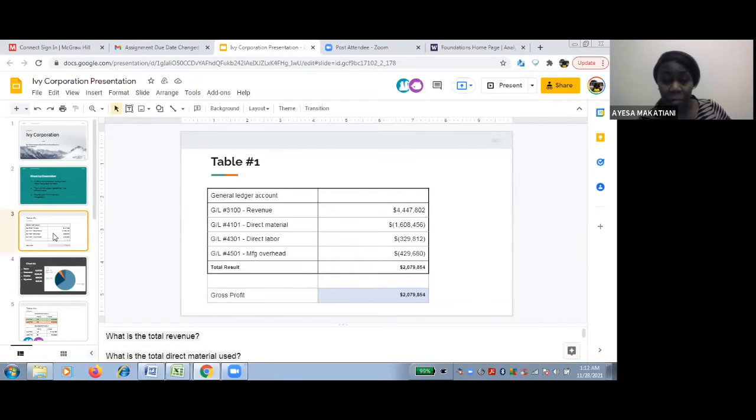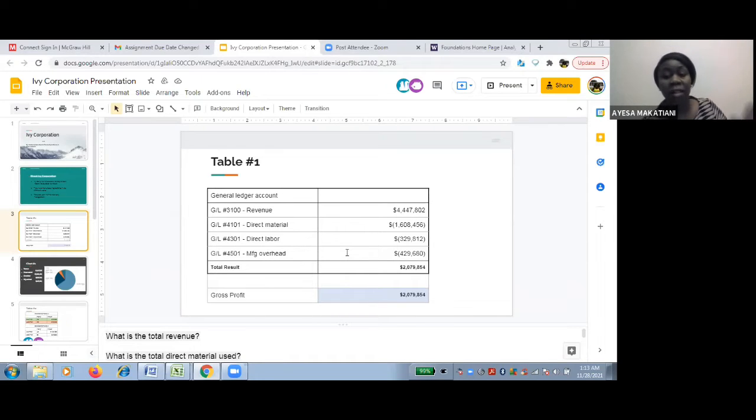The expenses were direct material at 1.6 million, 1.608456 to be exact, direct labor at 329,812, and manufacturing overhead at 429,680.